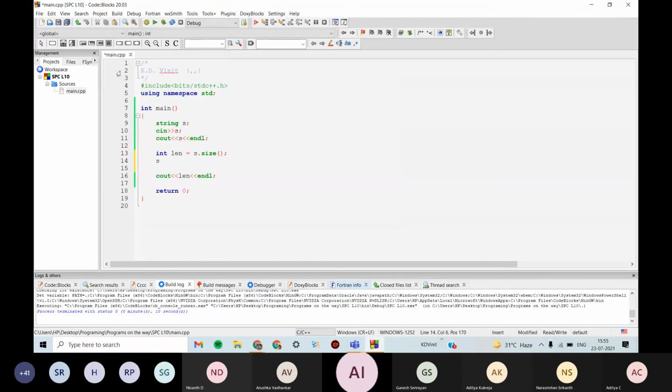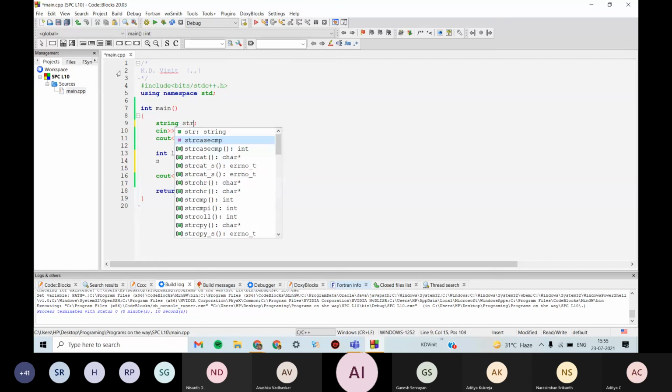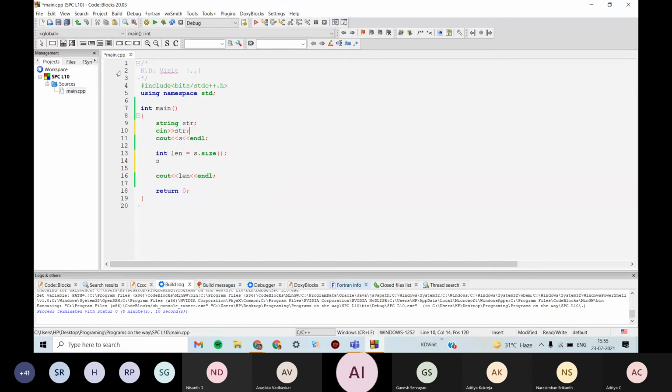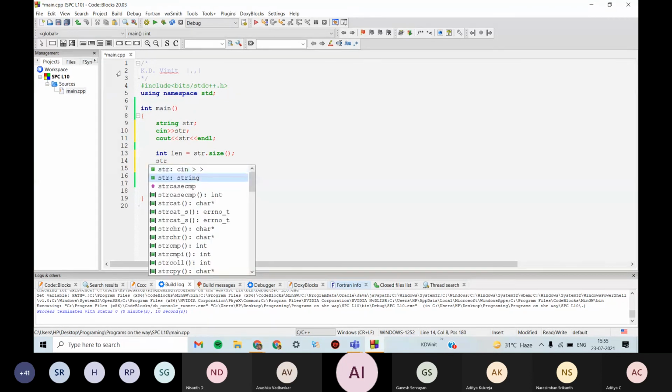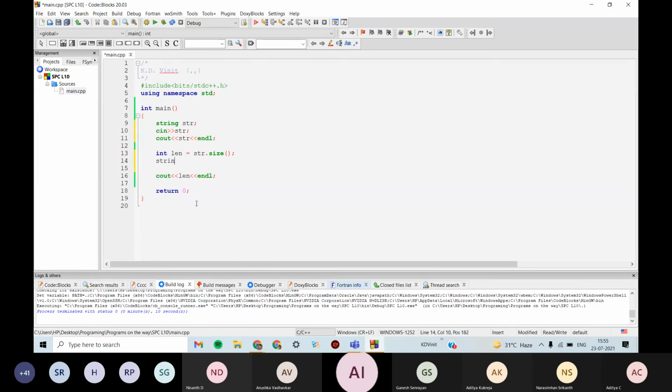There are a lot of other functions with string, s dot. So there are these functions like string compare, string copy, string assign. Maybe I will show you one of these.